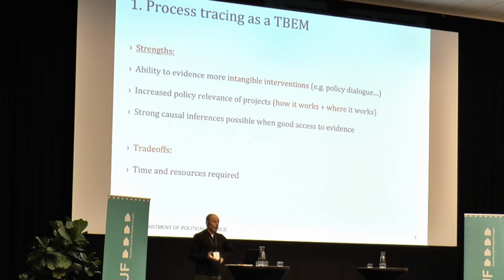The trade-offs are time and resources, but I don't think this is actually that much of a trade-off. It's no different. For those of you that have done a good field trial, it's really difficult to design good research.